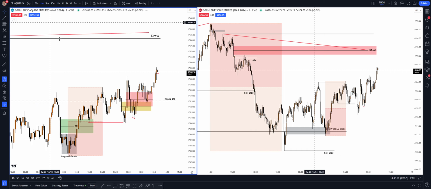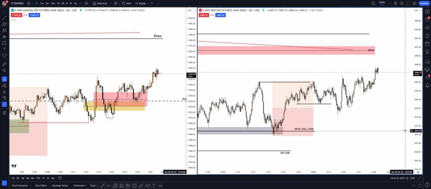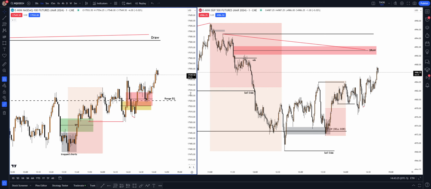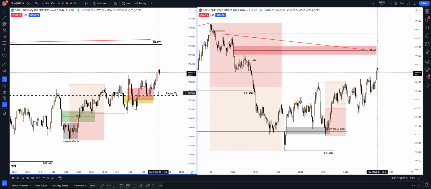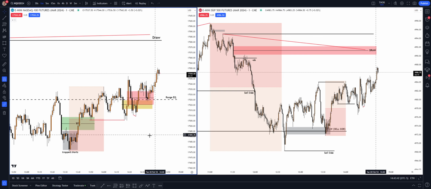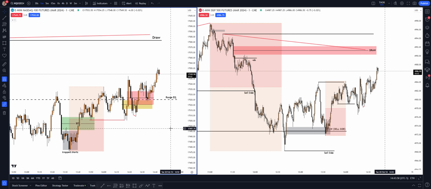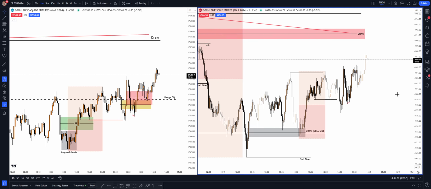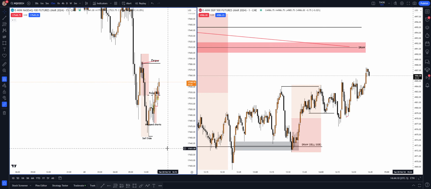Should be respected. 50-minute candle close in a minute.